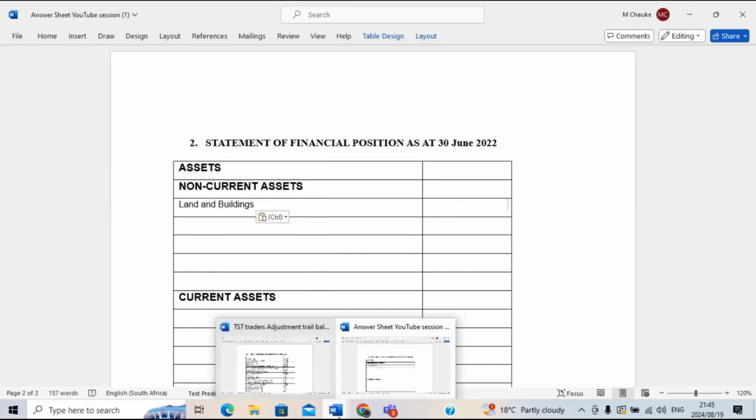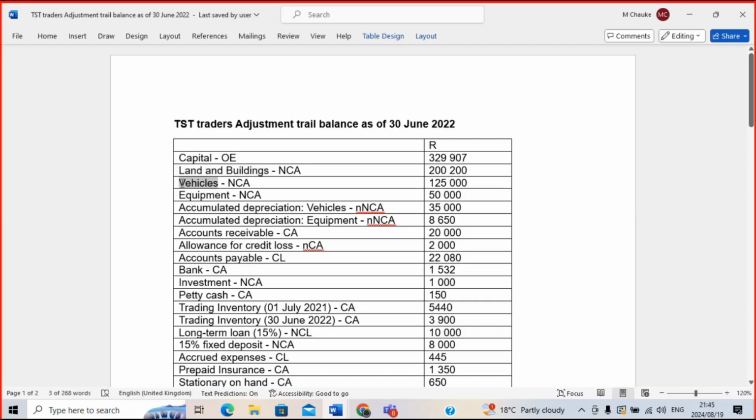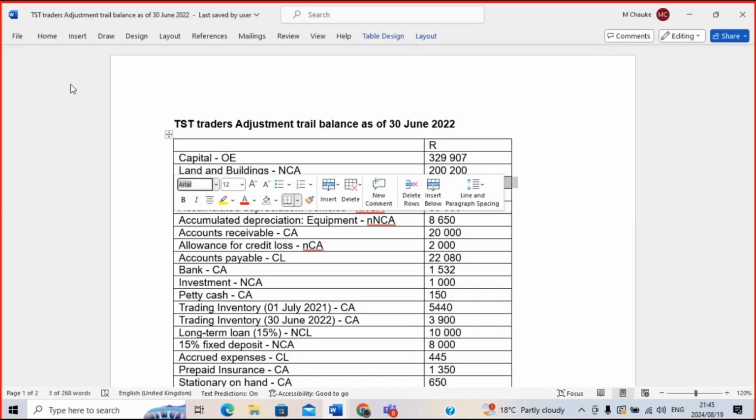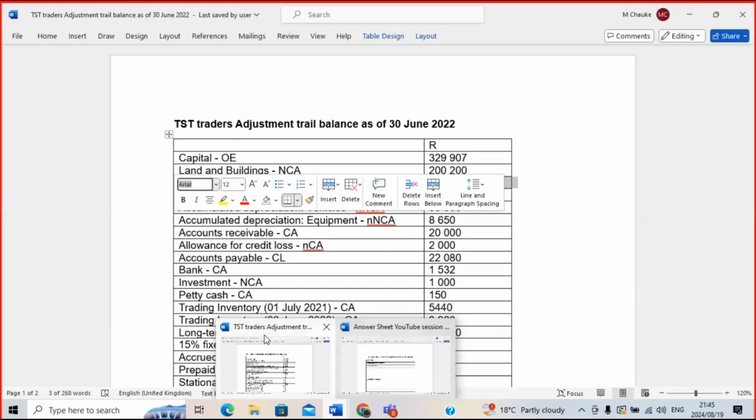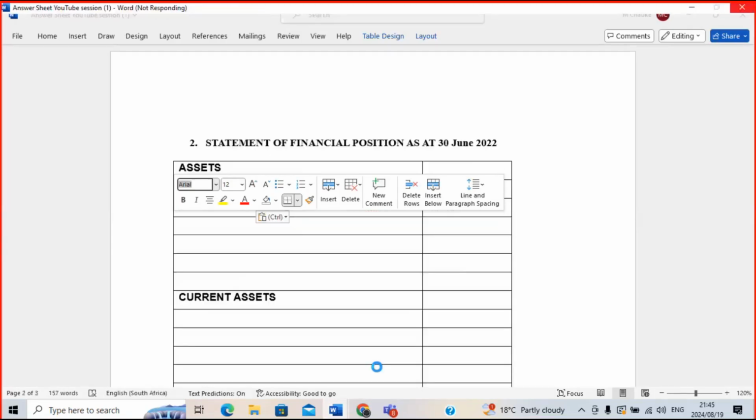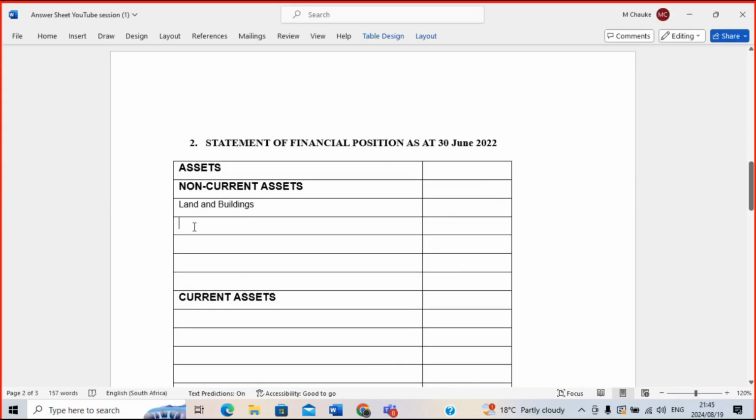We also have vehicles. We also have equipment.